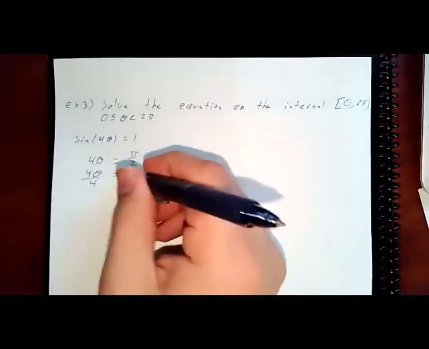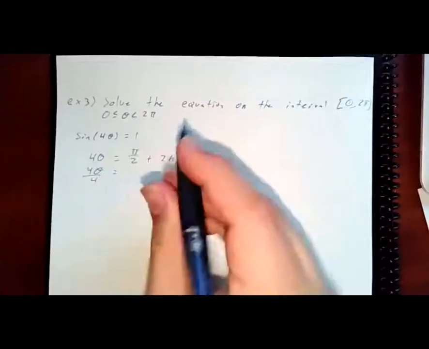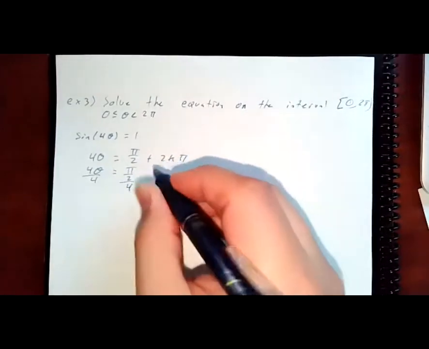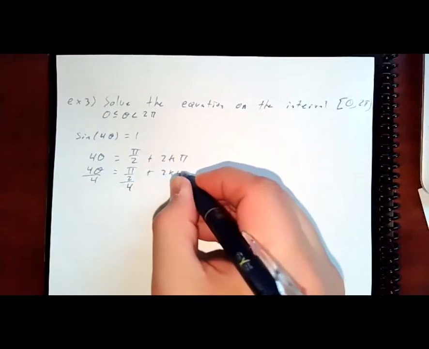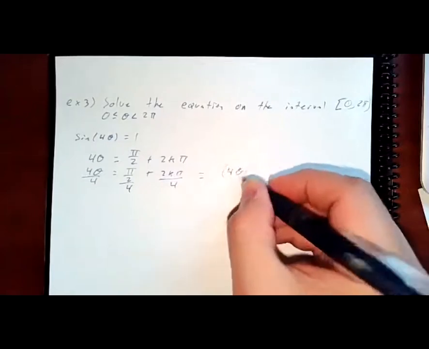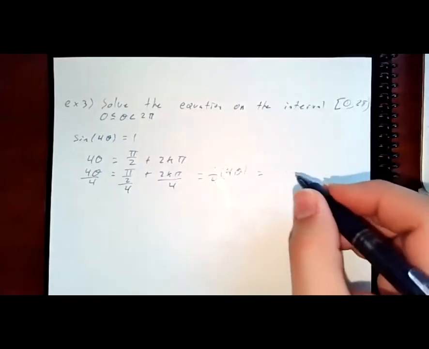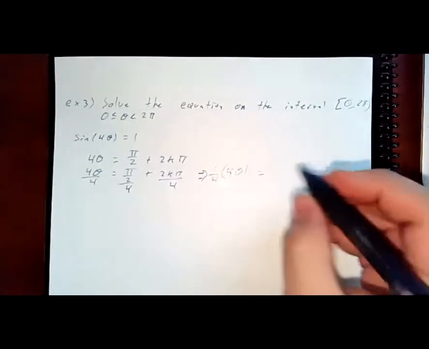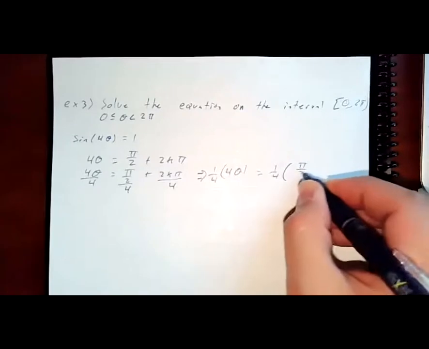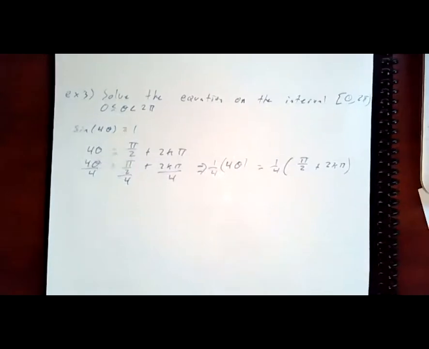That looks weird. Hold on. Pi over 2 divided by 4 plus 2k pi divided by 4. If you prefer, we could say it this way if this is confusing. 1/4. It's a little arrow. 1/4. See what I mean?